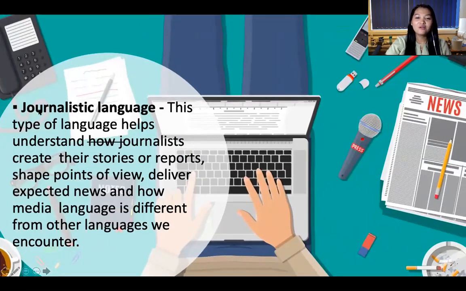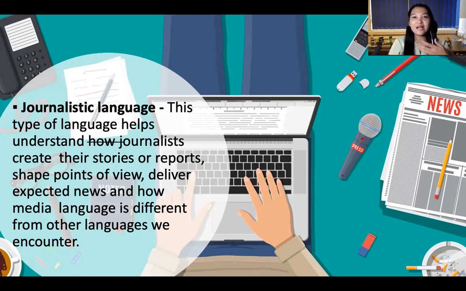Next, we have journalistic language. Journalistic language is a type of language that helps to understand how journalists create their stories or their reports, how they shape their point of view and deliver the expected news, and how media language is different from other language encountered.